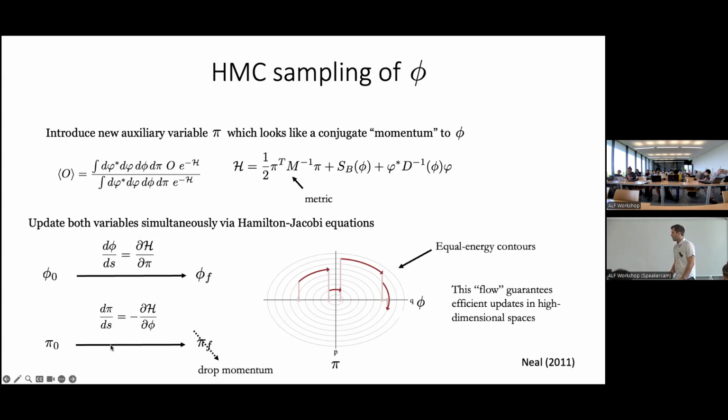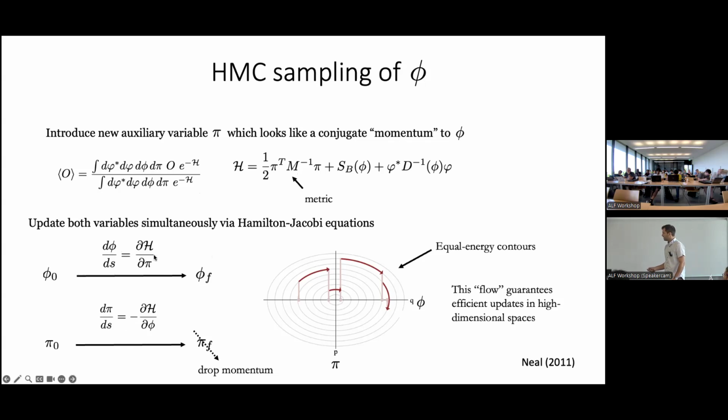This gives us an ODE that tells us how to update these variables in a way that keeps them along equal energy contours according to this fancy H, which acts like a Hamiltonian. And so these equations are given as follows.